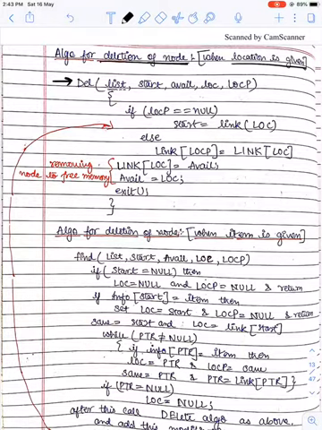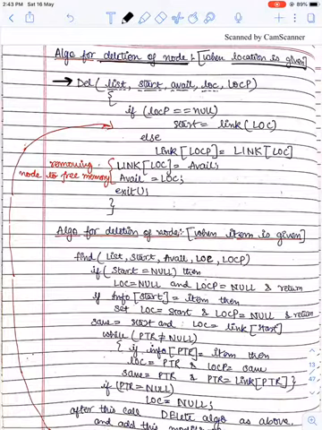He's just giving this. I don't think it is needed. Next is start. This is the address of the first node of the linked list. This tells where the linked list is starting. Next is avail. What is avail? Avail is the available space in memory.